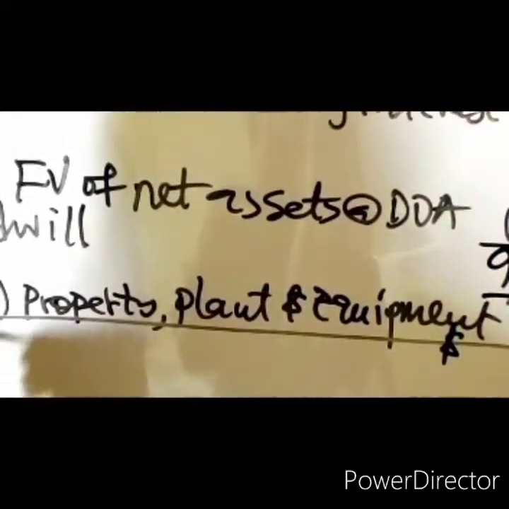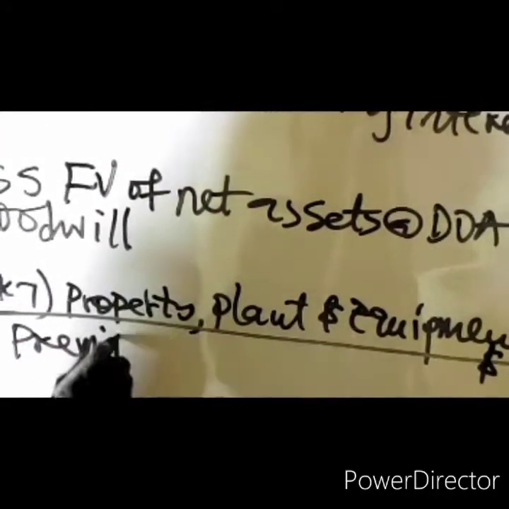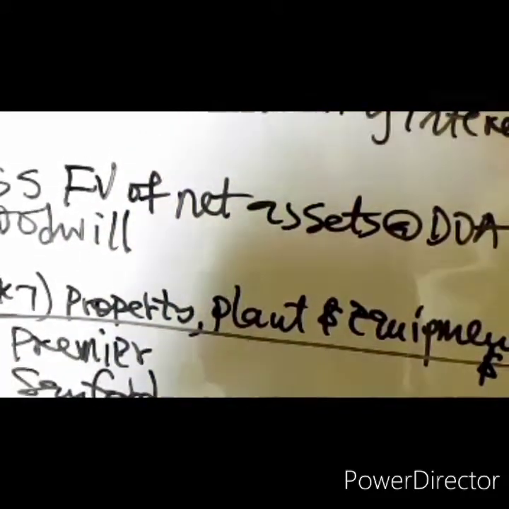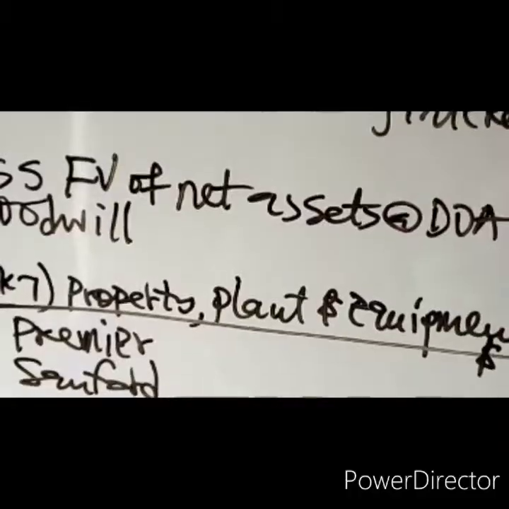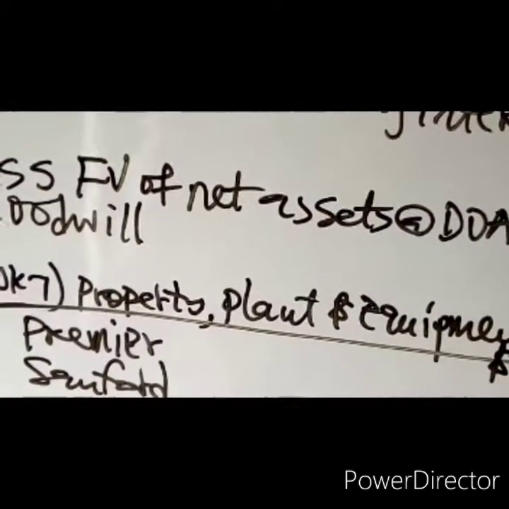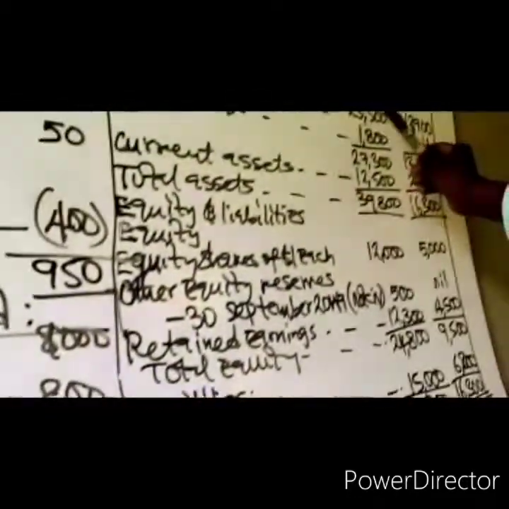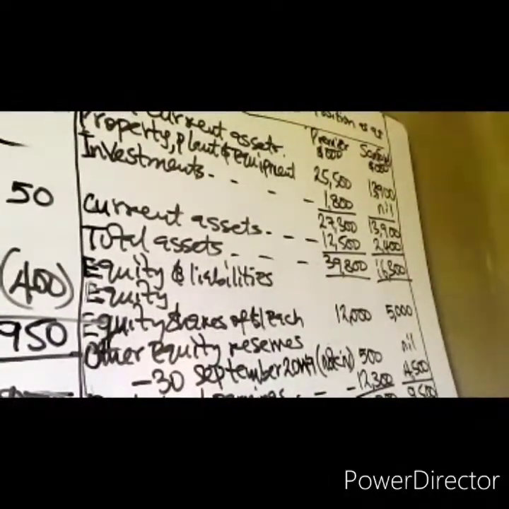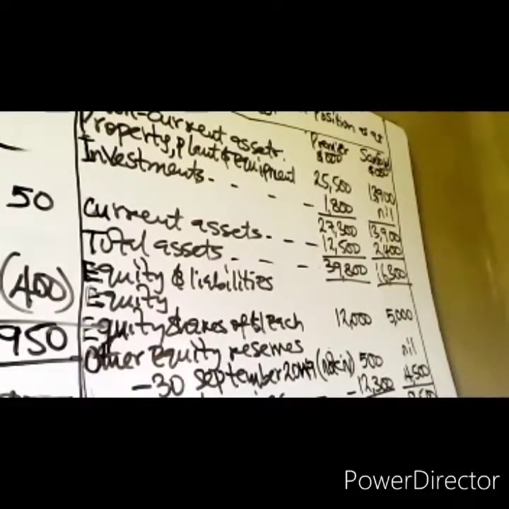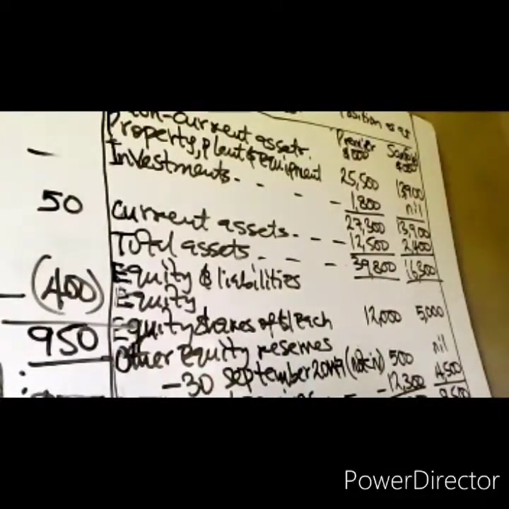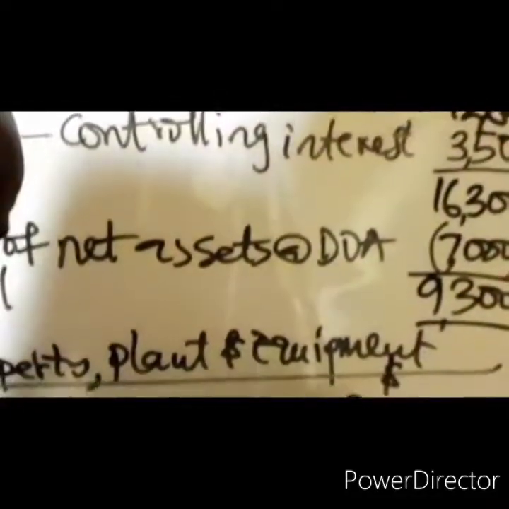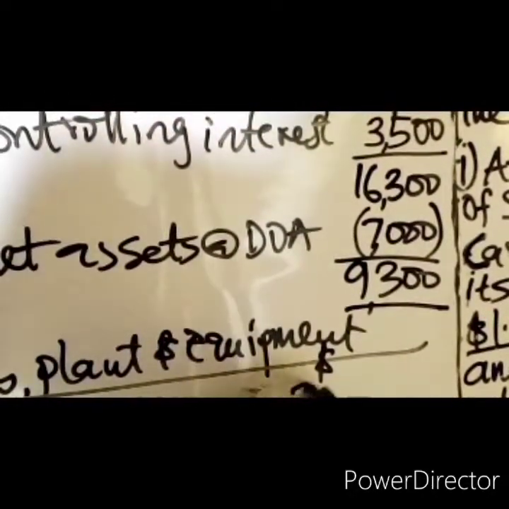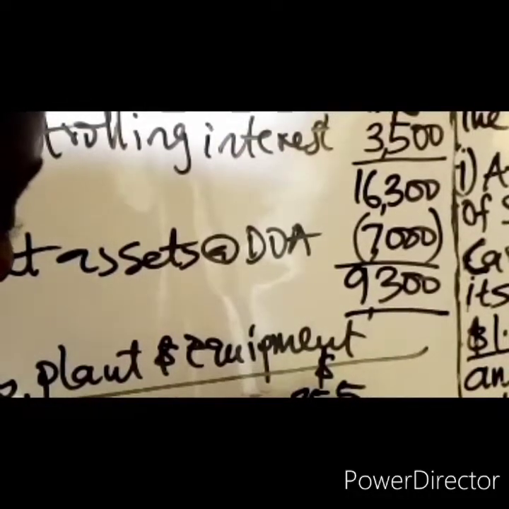For Premier we have 12.5 million, and for Sanford you have 13.9 million. 12.5 and 13.9 gives 25.5 million.